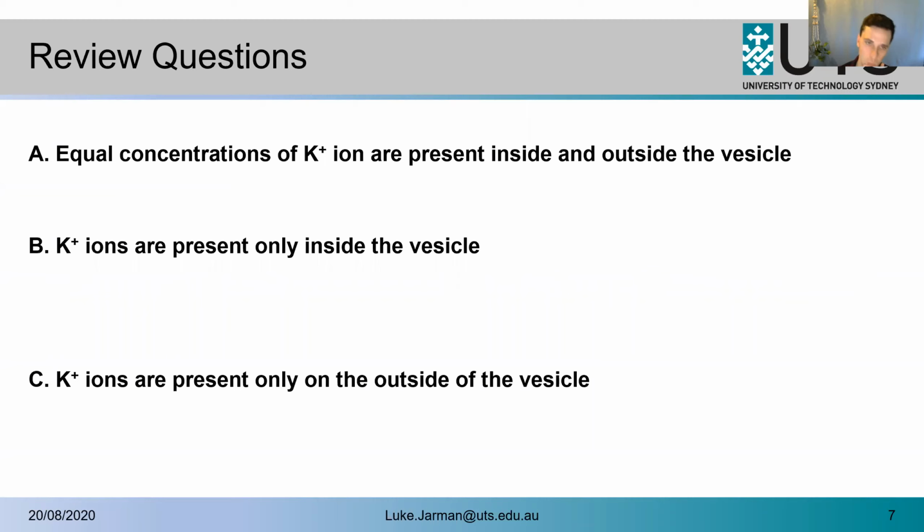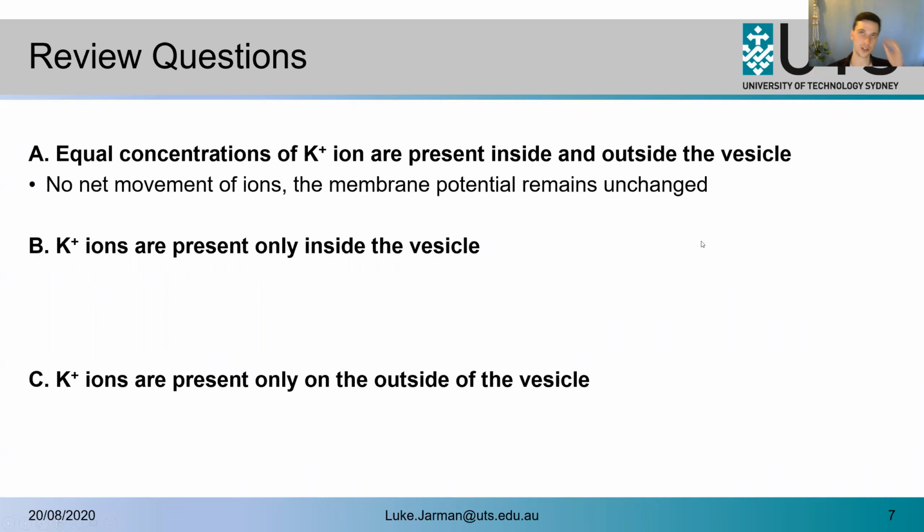Your first one is, where will potassium ions move if you have equal concentrations of potassium inside the cell and outside the cell? What do you guys think? Will it move? Will it not move? It will not. Yeah, you'd be correct.